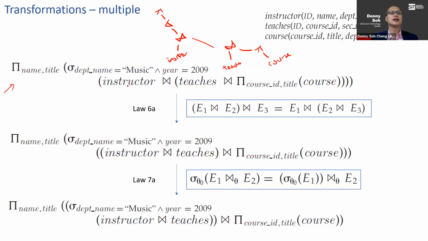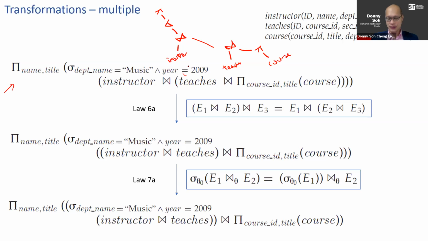So this is how this looks like. Okay, so I first have the pi on my course, then goes to teachers. The teachers join with the instructor. Thereafter, it joins with the selection based on music and the year, and then the projection.